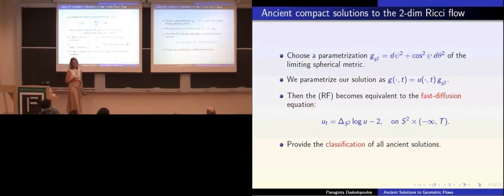Studying the ancient compact solutions of the 2D Ricci flow is equivalent to studying the ancient solutions of this very nice PDE, where this is the Laplacian on the sphere. So these are solutions on S2 from -infinity up to some time t.